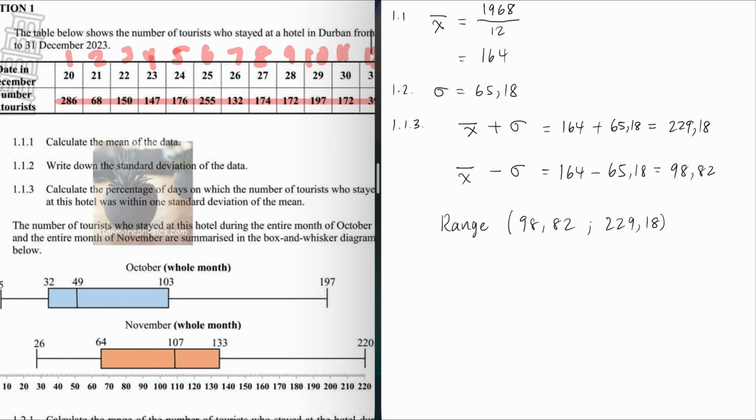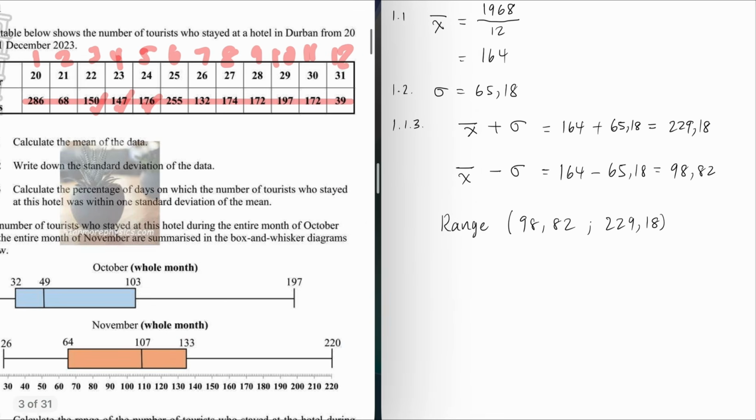So we'll go, that's out, 150 is in, 147 is in, 176 is in, 255 is out, 132 is in, 174 is in, 172 is in, 197 is in, 172 is in, 39 is out. So the number here we have 1, 2, 3, 4, 5, 6, 7, 8. So 8 days lie within this range.